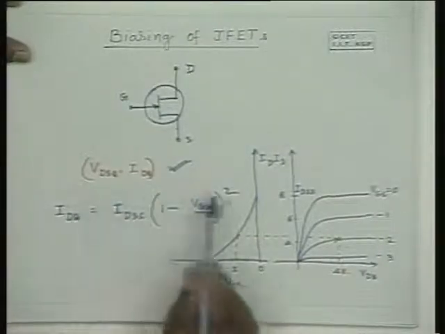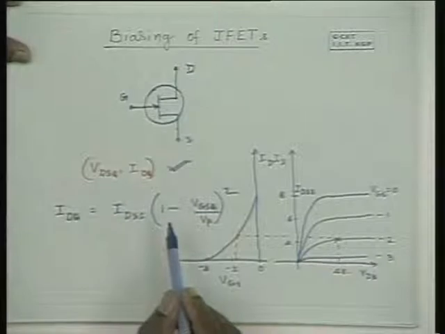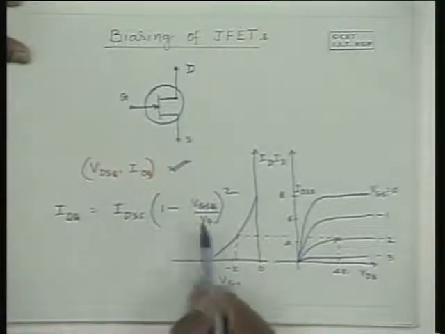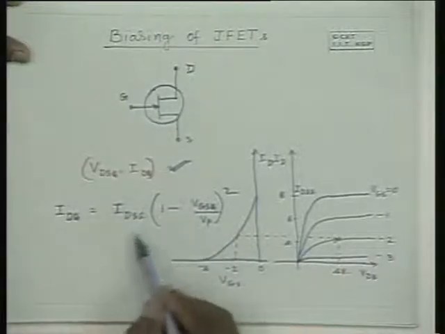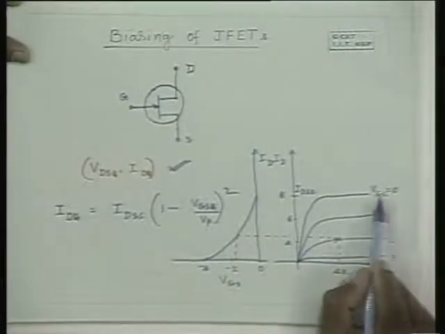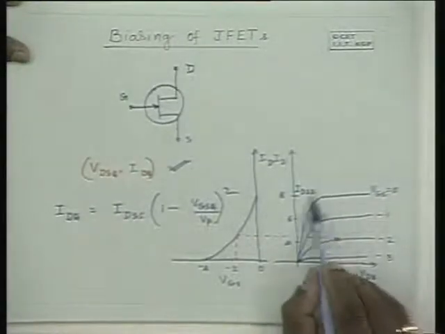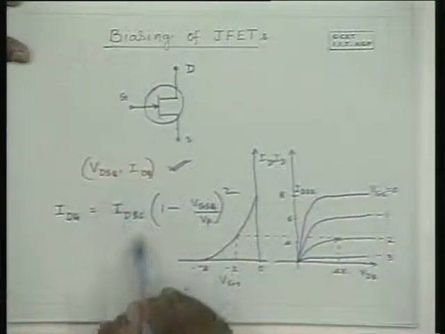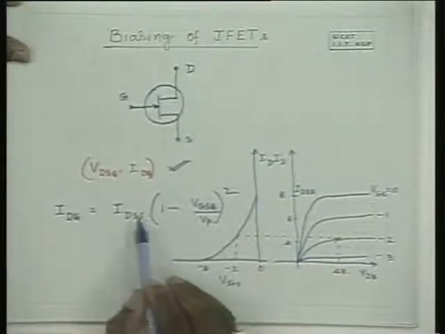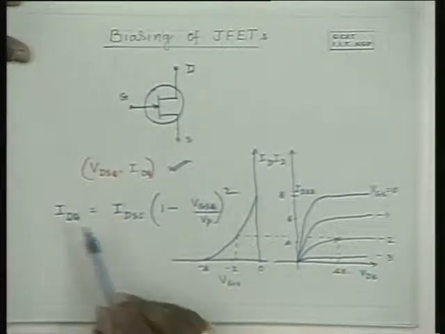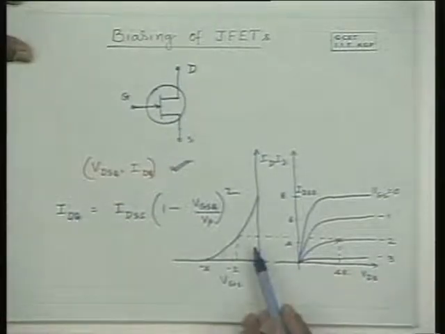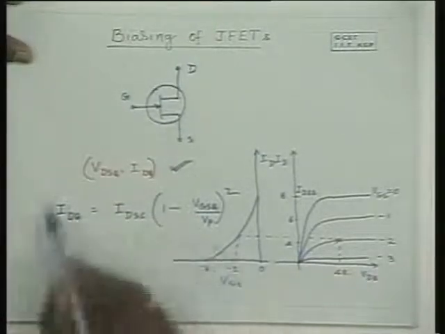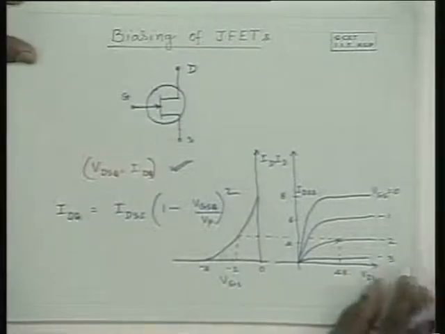IDQ can be computed using this equation also, once the device is given, IDSS is given and VP is given. The pinch off voltage is given, and the drain current when VGS is equal to 0, that is IDSS, is given. So once these two are given, for any VGSQ you can determine IDQ using this equation. So you can either find it from the transfer characteristics or using the equations.